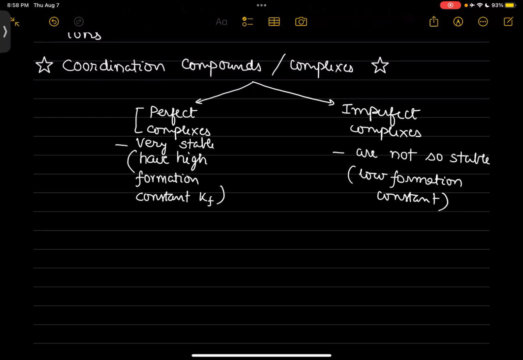High value indicates more products are being formed, and low value indicates less products are being formed. High formation constant means they are very stable. I will give you the examples also in the later part of the chapter.